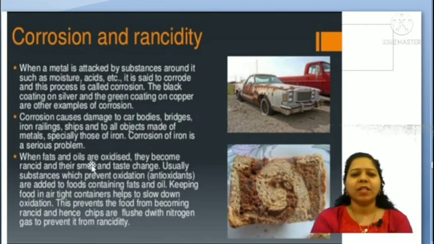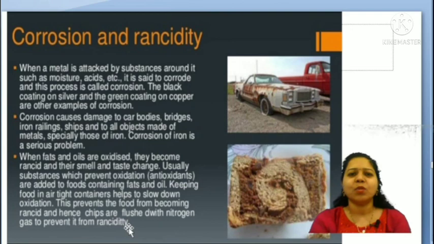When fats and oils are oxidized, they become rancid and their smell and taste change. Usually, substances which prevent oxidation, known as antioxidants, are added to foods containing fats and oil. Keeping food in airtight containers helps to slow down oxidation, and this prevents the food from becoming rancid, and hence chips are flushed with nitrogen just to prevent rancidity.